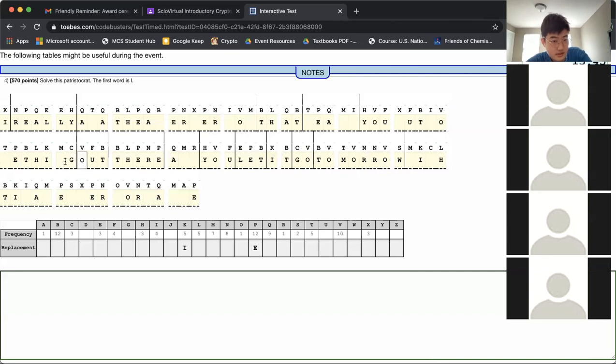So we have an I and a G, and we have a letter separating them. What do we think that letter is? N. Yeah, nice. With. Where is that? Hold on. Oh, okay.